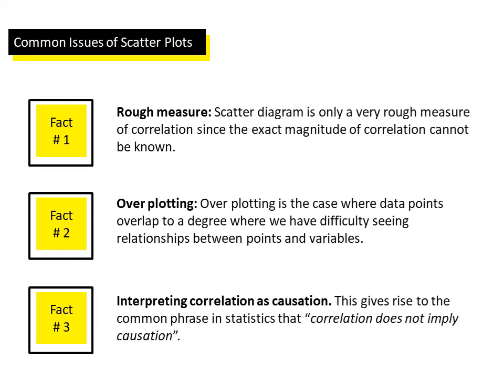This gives rise to the common phrase in statistics that correlation does not imply causation. It is possible that the observed relationship is driven by some third variable that affects both of the plotted variables, that the causal link is reversed, or that the pattern is simply coincidental.